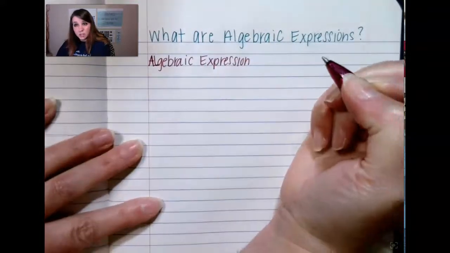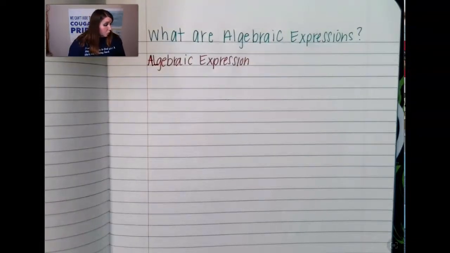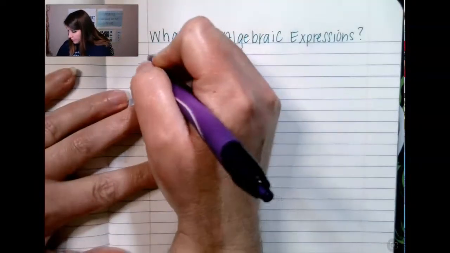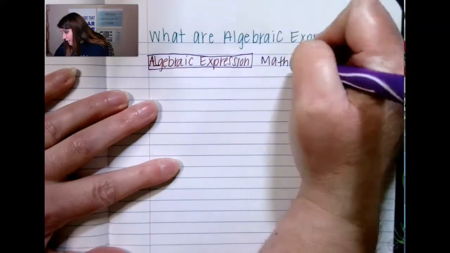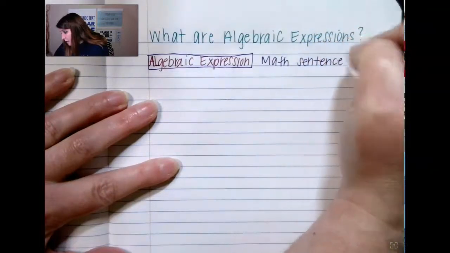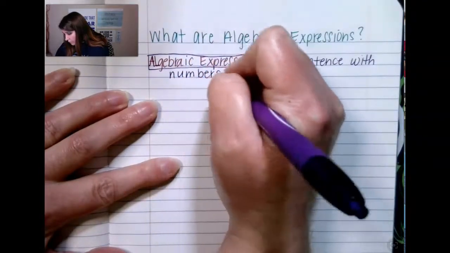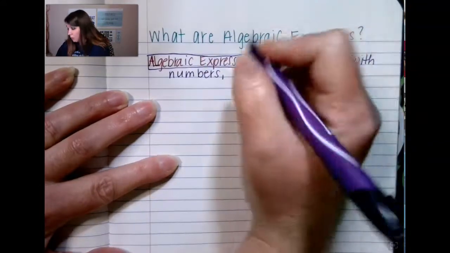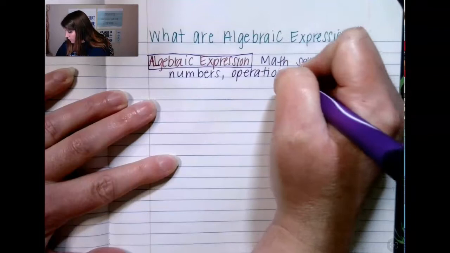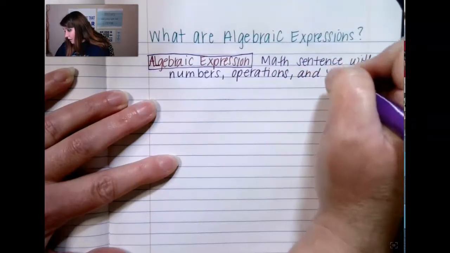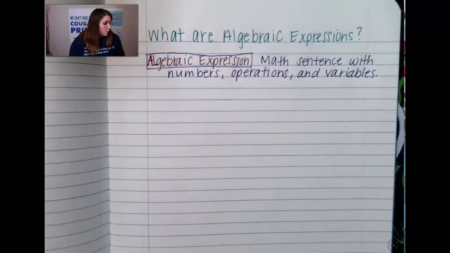An algebraic expression is a fancy word for a math sentence with numbers, symbols, operations, and variables, which are just letters.